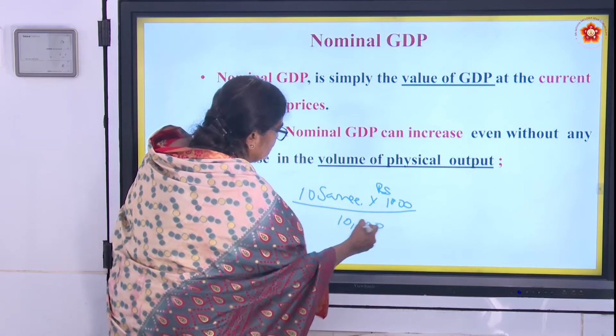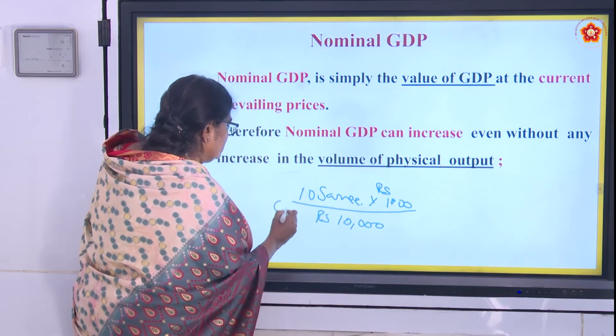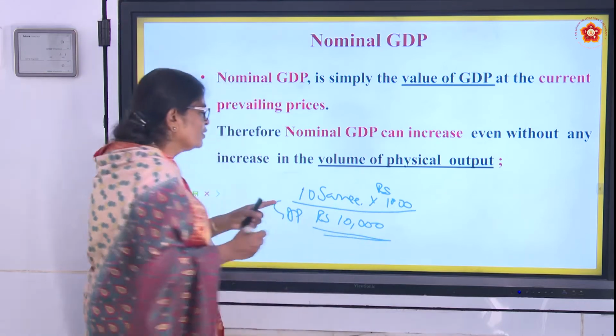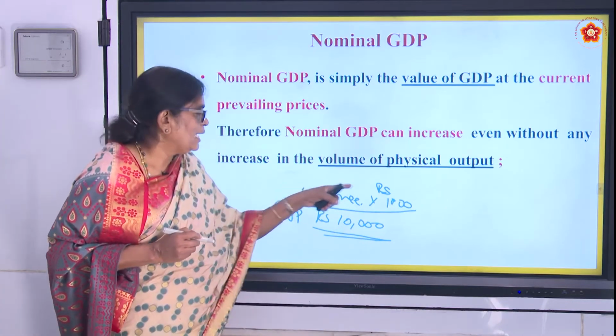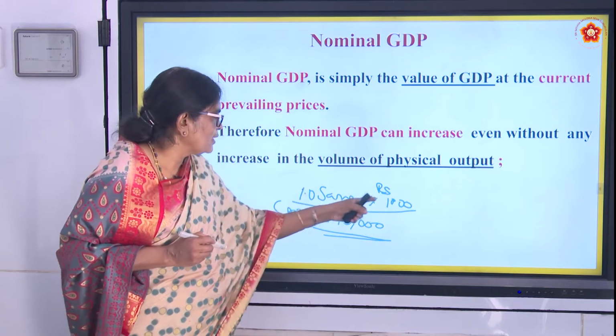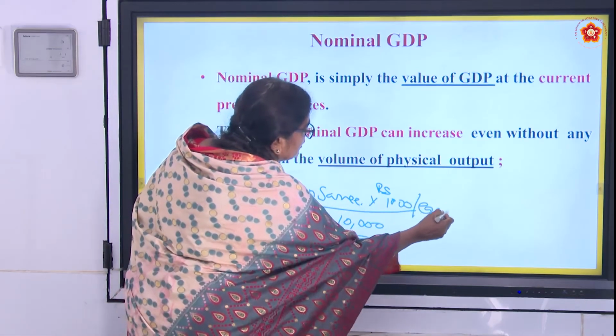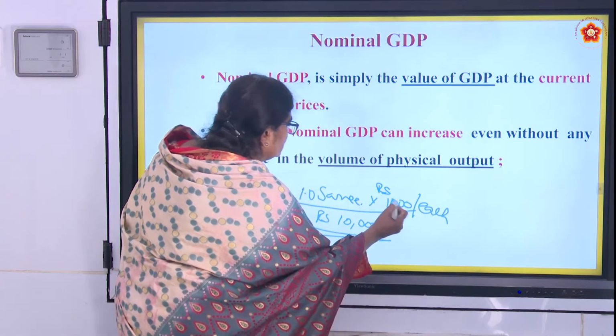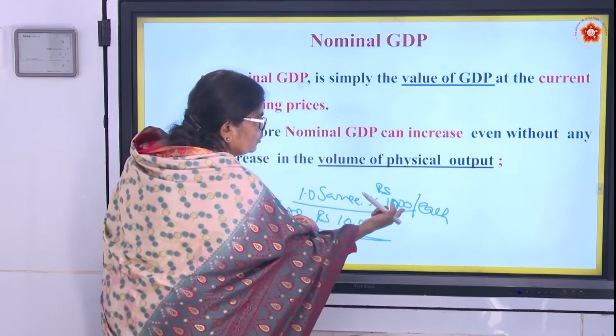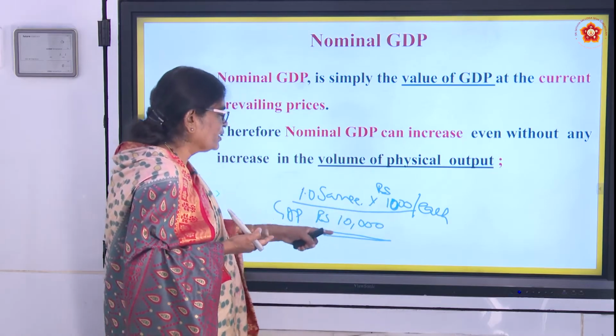How much? It is 10,000. GDP is 10,000. So just an example. You know the units of product and the price. Each sari is 1,000 rupees. Therefore, the product into the price of the product will give you 10,000.